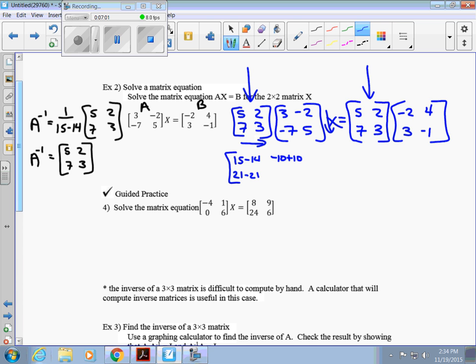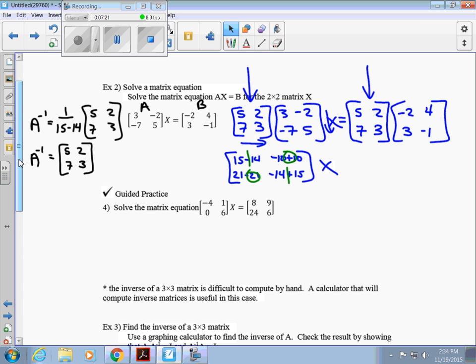And negative 14 plus 15. So realistically, this is the identity matrix, 1, 1, 0, 0. So essentially that's multiplying that matrix by 1. So that's like 1x. So we're really solving for x.